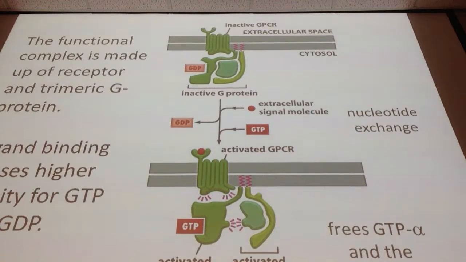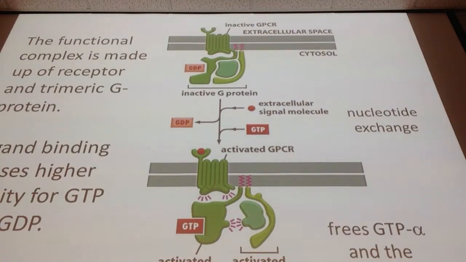When the exchange has occurred, now the whole G protein is active to carry out yet another function. So you see the trimeric G protein has 2 different activities. One activity is the exchange of the GDP for the GTP, so that it can activate itself. And then once active, the G protein can activate other proteins. Does that make sense? It's important for me to explain that because the monomeric G protein does not have this intrinsic enzymatic activity to exchange GDP for GTP, but when GTP is bound, it still has one.